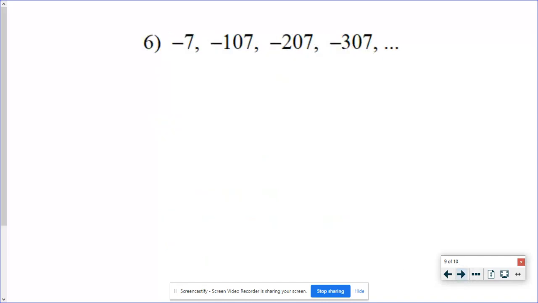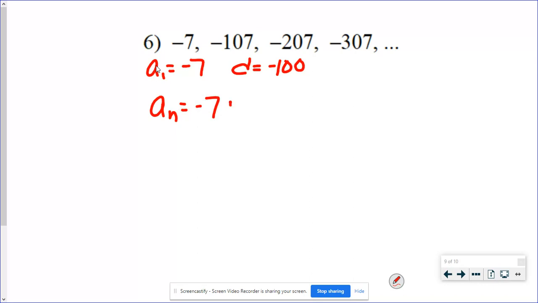This is decreasing. The numbers are getting smaller, but it's decreasing by 100 each time. So my first term is negative 7. My common difference is negative 100. So negative 7 plus n minus 1 times negative 100.